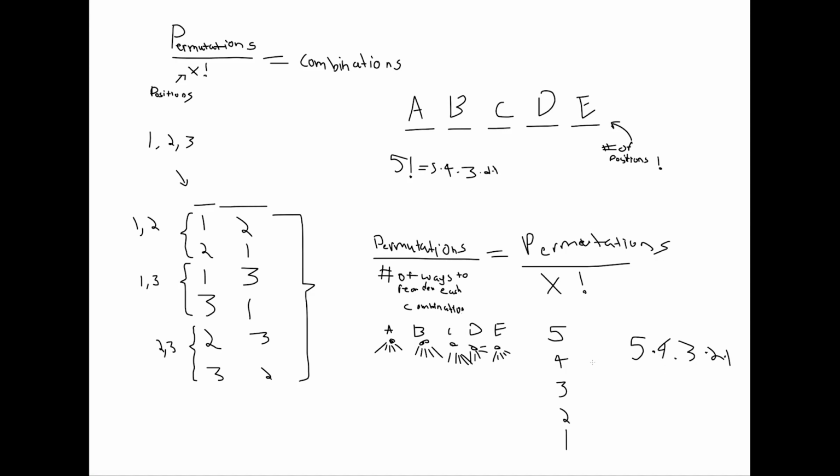But anyways, we would multiply these numbers together, because we have 5 different ways for picking the first position, 4 different ways for picking the second position, 3 different ways for picking the third position, 2 different ways for picking the second last position, and only 1 way to pick the last position. And we multiply those together to get the number of different ways we can reorder it. So that is why the number of positions factorial equals the number of ways to reorder each combination.